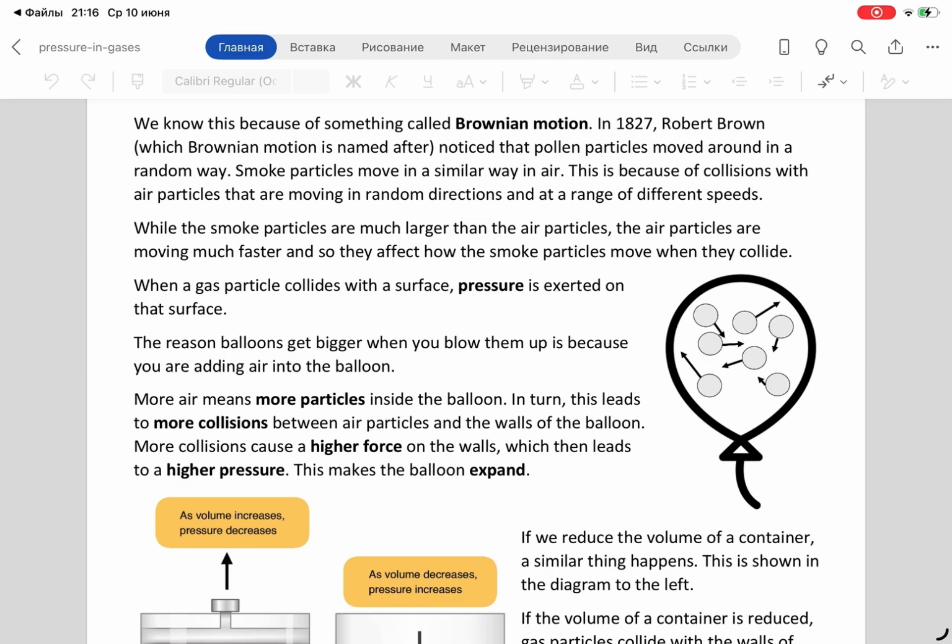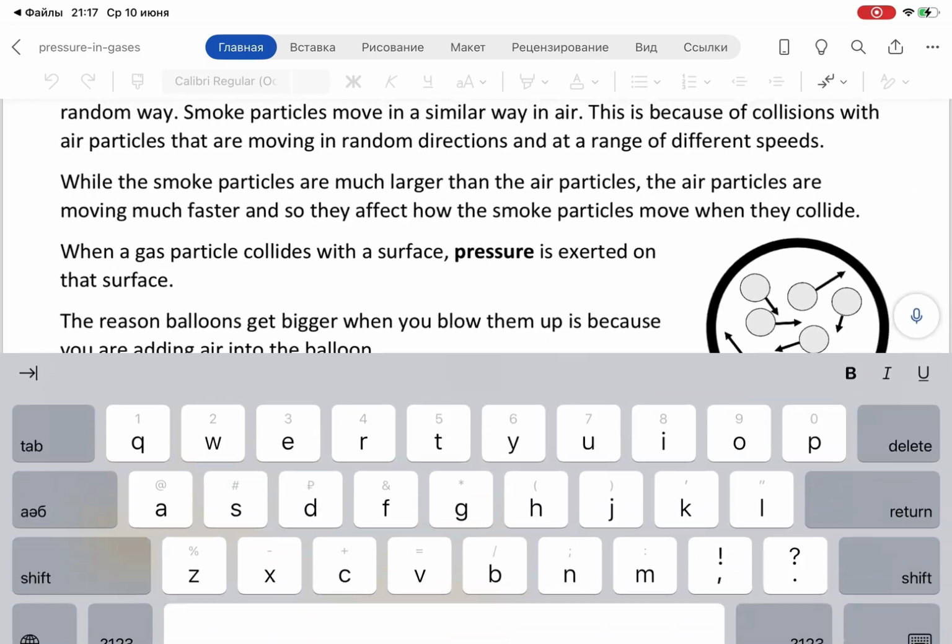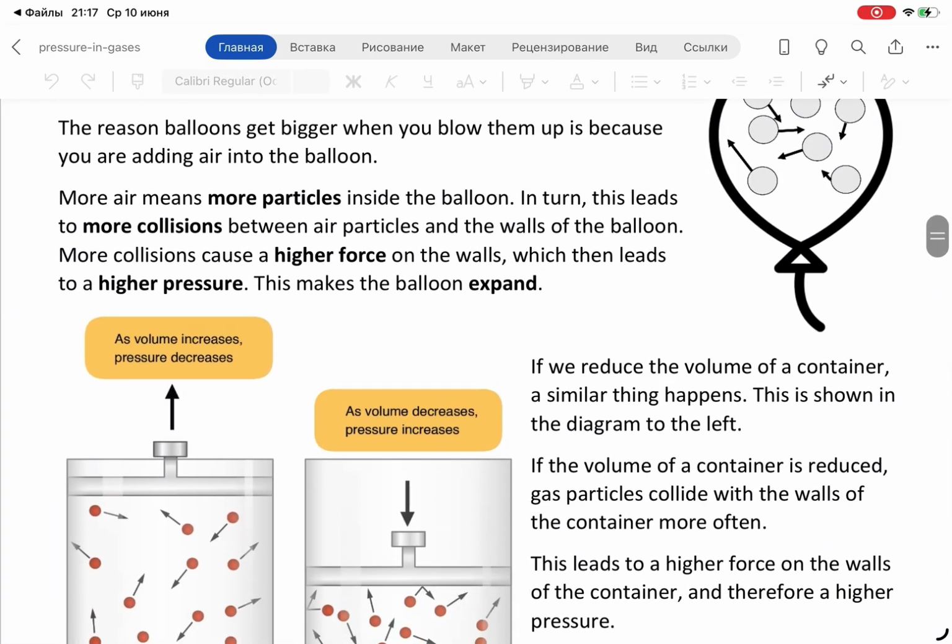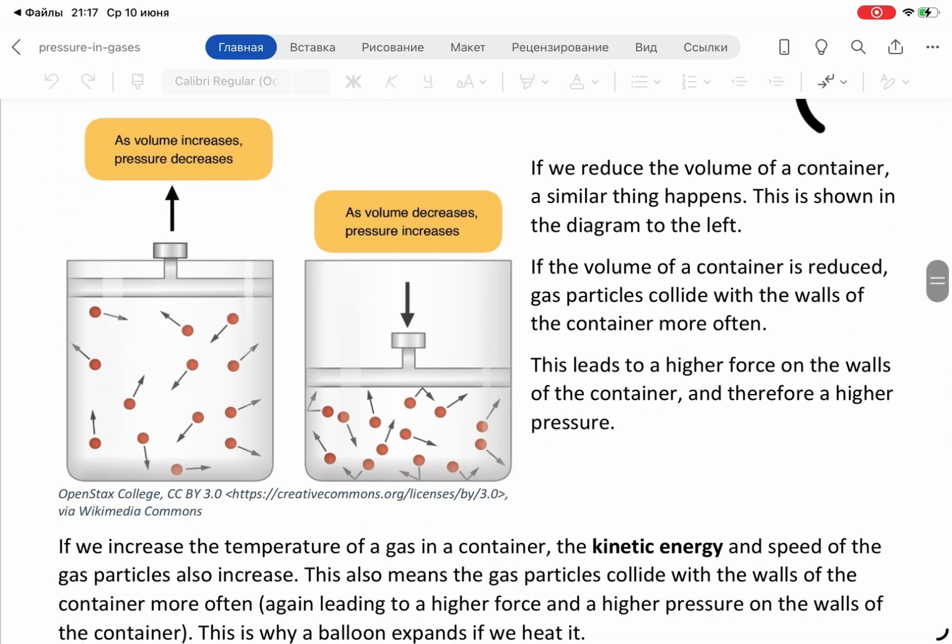That leads to more collisions, a higher force on the walls, and so higher pressure. This makes the balloon expand, as we see in the picture.